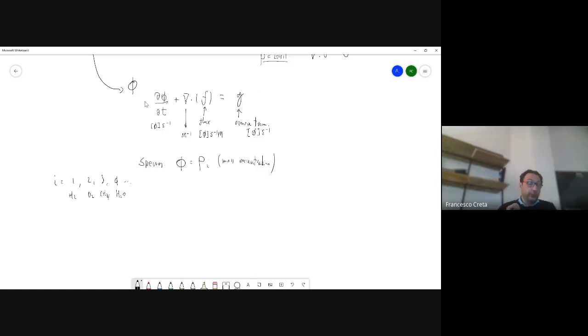Okay, so we introduce the velocity field v_i of the ith species. Okay, so we have essentially a scalar field rho_i for x.